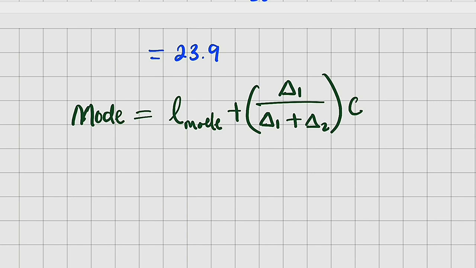I will explain all of this. Delta 1 stands for the frequency of the modal class minus the frequency before the modal class. The same thing with this one, right? And this is frequency of the modal class minus the frequency after the modal class. And this is the class size.